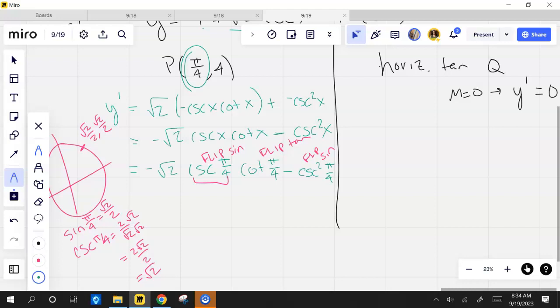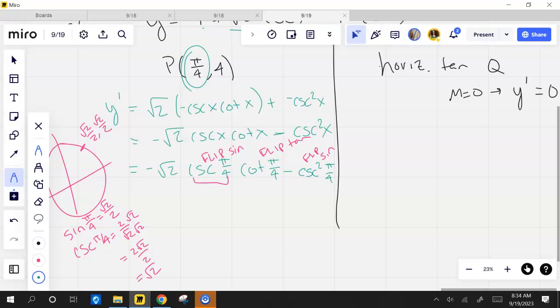Why are you doing that? Well, it was negative cosecant, so I made it minus.